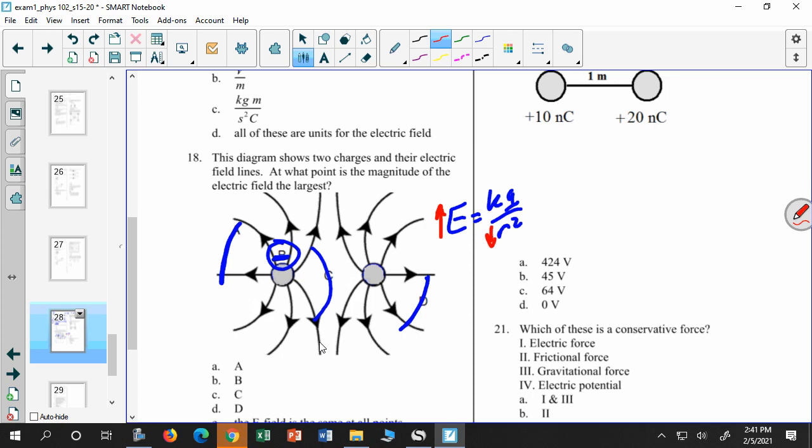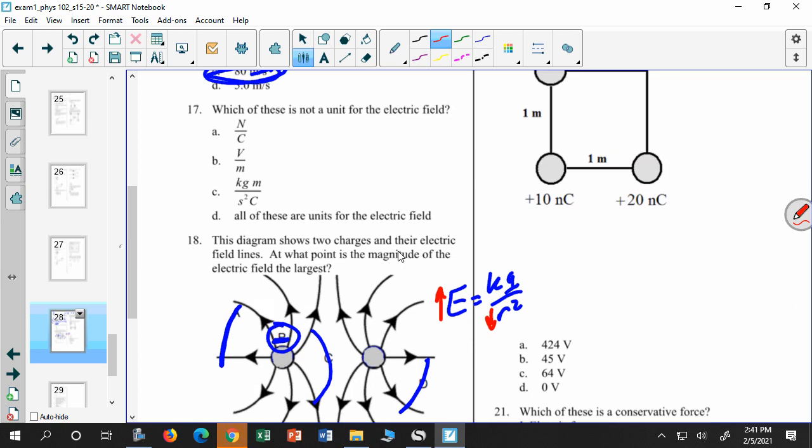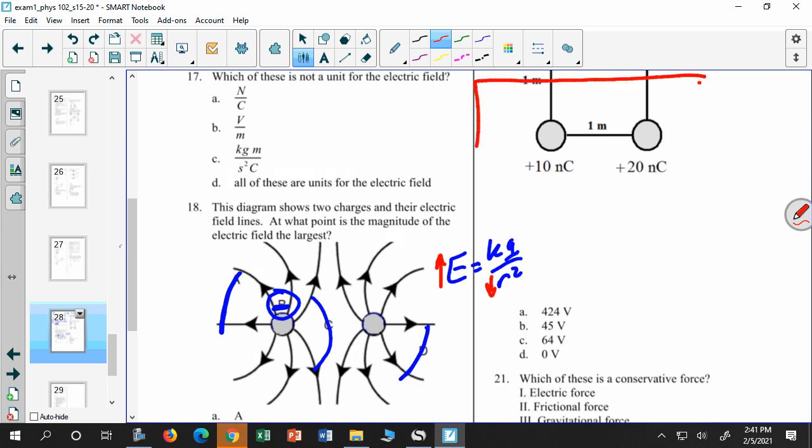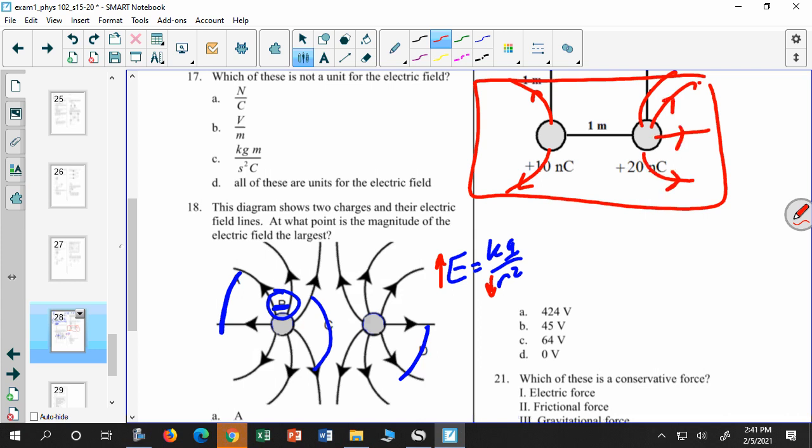Let me repeat that. Let's just say I have these two charges right here. My electric fields look like that. If I pick several points, say right here, right here, right here, where would the electric field be biggest?